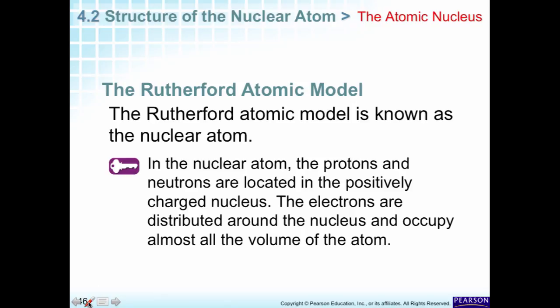So that's where we come up with the idea that the mass is located in a positively charged nucleus, and we now know protons and neutrons make that up. The electrons then are outside the nucleus, and they are occupying this empty area, except for the little teeny point negative charges that are very, very small compared to the nucleus.